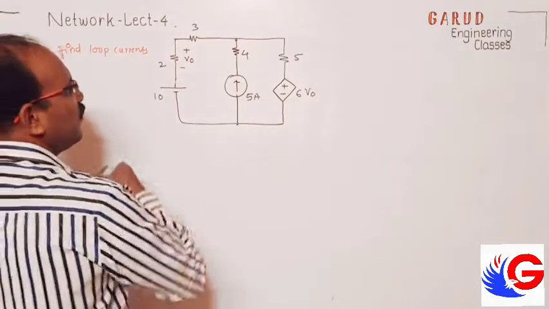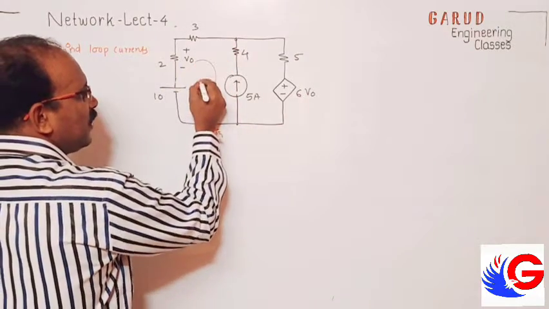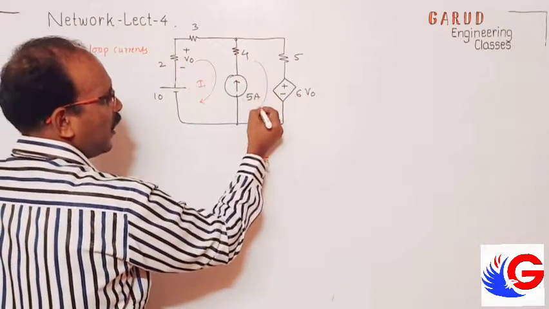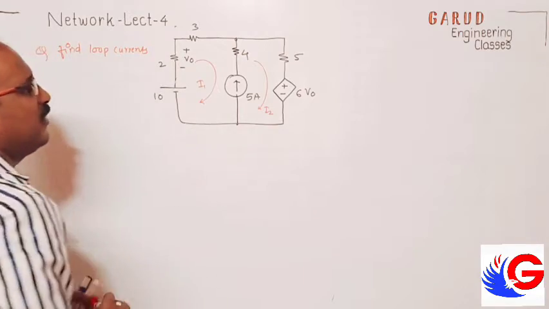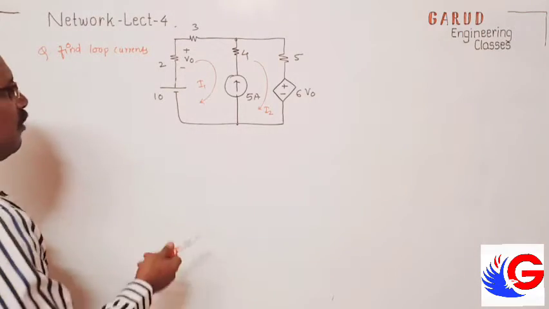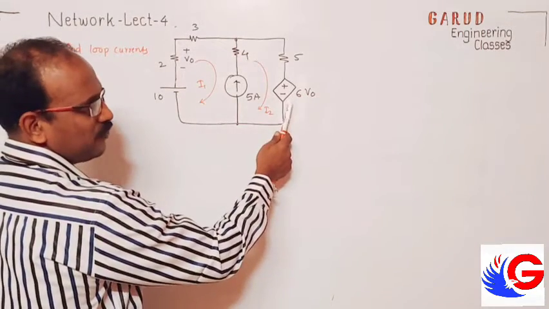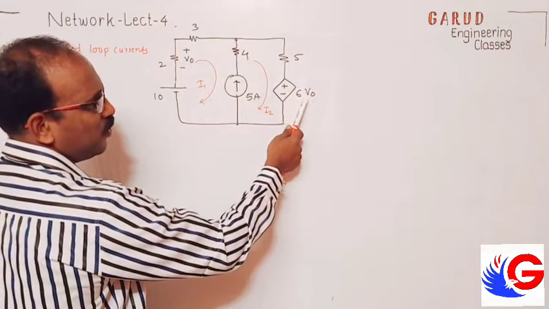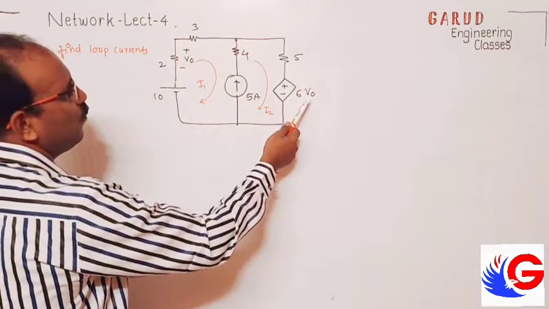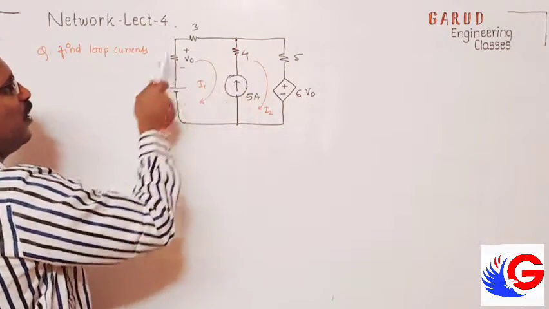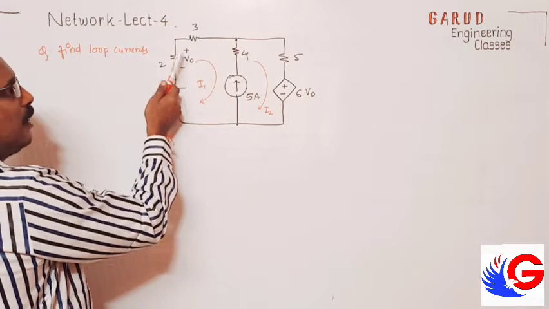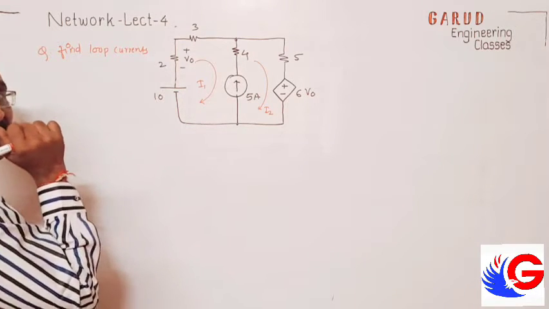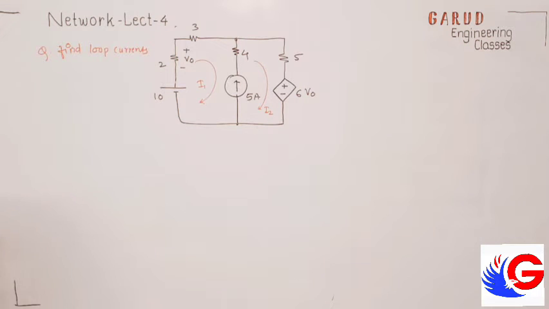So my assumption is I1 and I2. Where is the dependent source? This is a dependent voltage source. It depends on voltage VO. Where is that? VO must be shown somewhere. This is VO, upper side is positive.